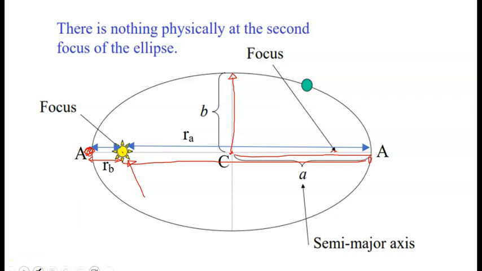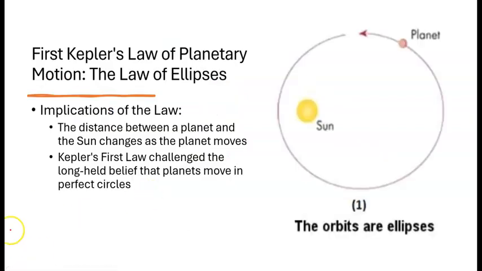Next we move to the implication of the first Kepler's law. The distance between a planet and the sun changes as the planet moves.